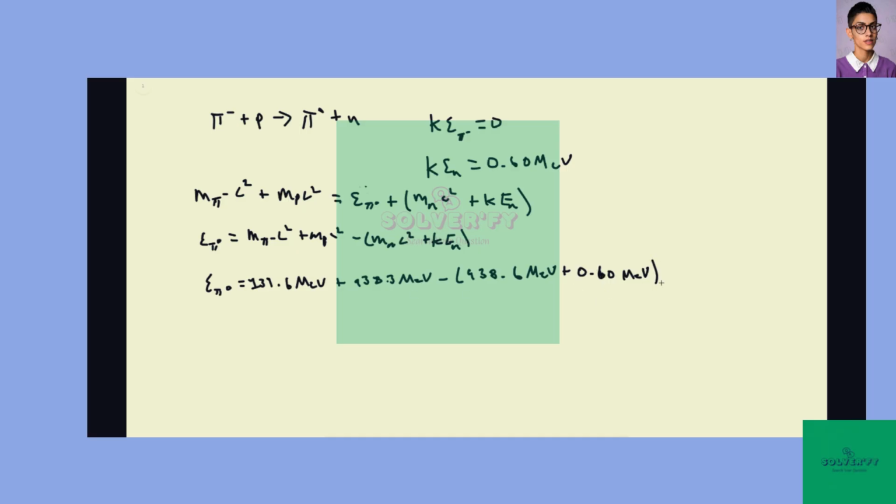Now this gives you a total energy of the neutral pion of 137.7 MeV.